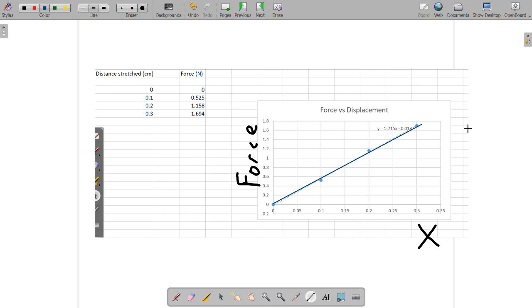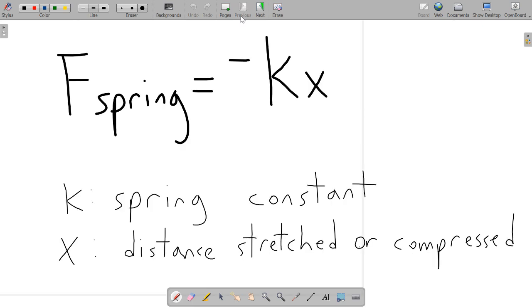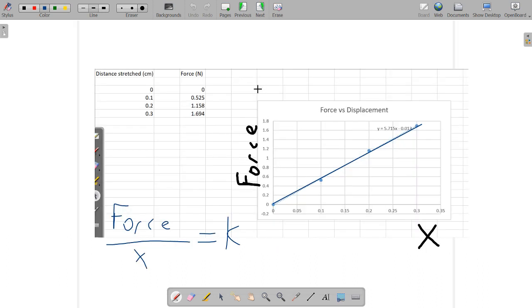Well, slope is rise over run, or in this case force divided by displacement, or force divided by x. That's the spring constant. If we take the equation and divide force by displacement, what we get is k. So that's what the slope tells us.